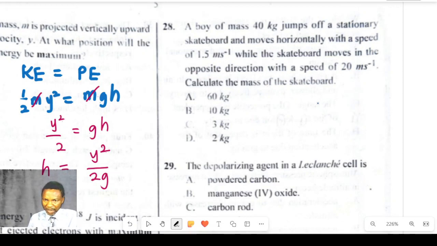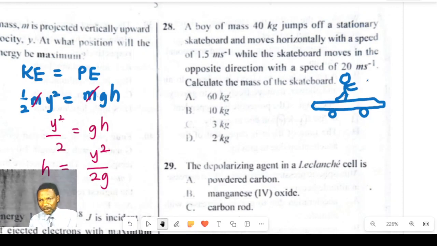So you have the skateboard, then you have the boy on top, and the young man jumps off. You know the mass of this boy. The momentum of the boy plus the momentum of the skateboard, so let's call the skateboard mass ms and the mass of the boy mb.